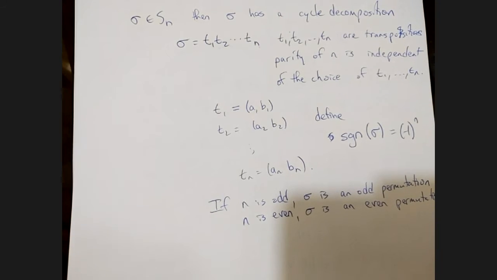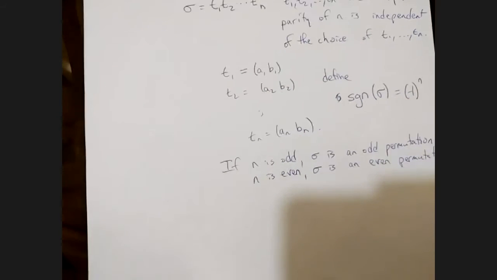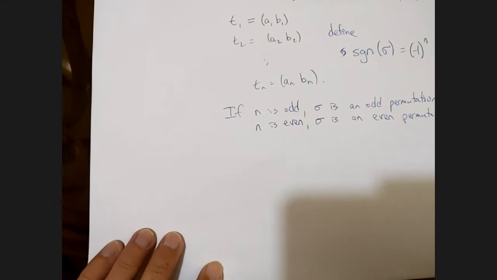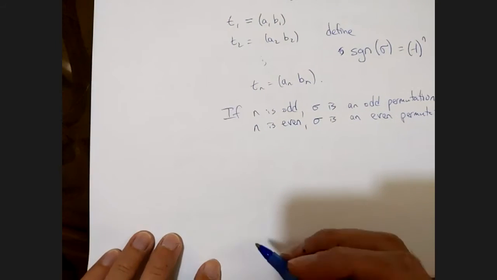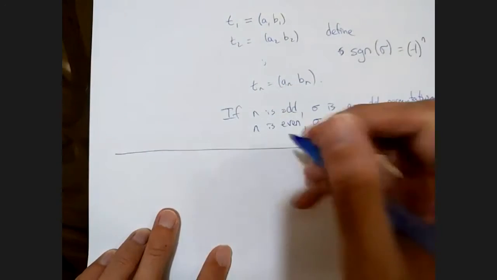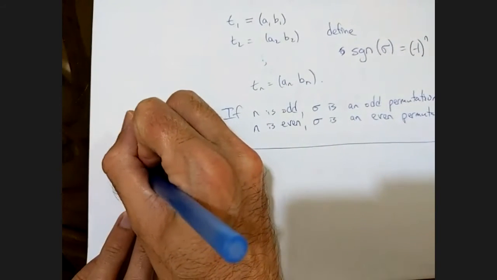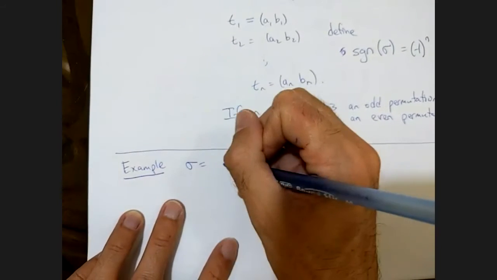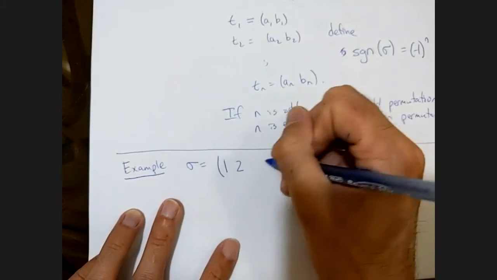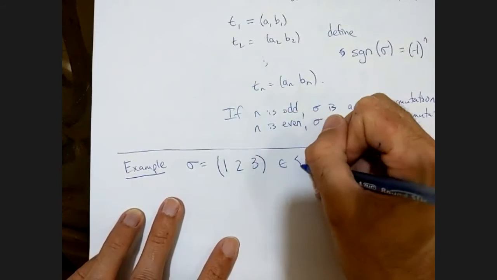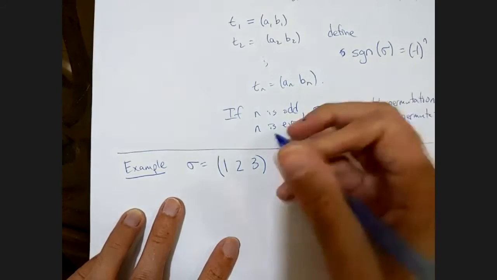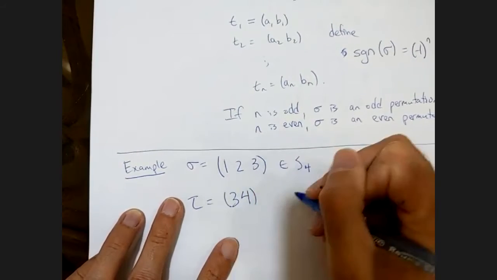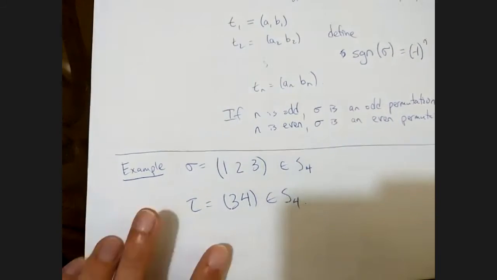Okay, let's get started. I just wanted to do a quick example about the symmetric group. Let's try an example with S4. Let's take sigma to be this 3 cycle in S4, and tau is going to be this transposition also in S4.